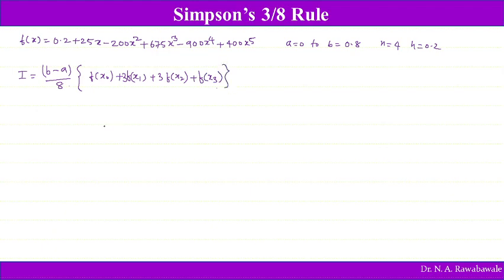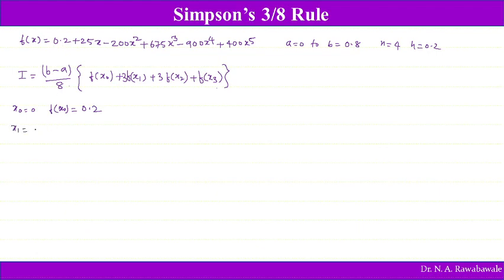So therefore what we have to do is, here x naught is equal to 0. If we substitute 0 in this first equation, f of x naught is going to be 0.2.